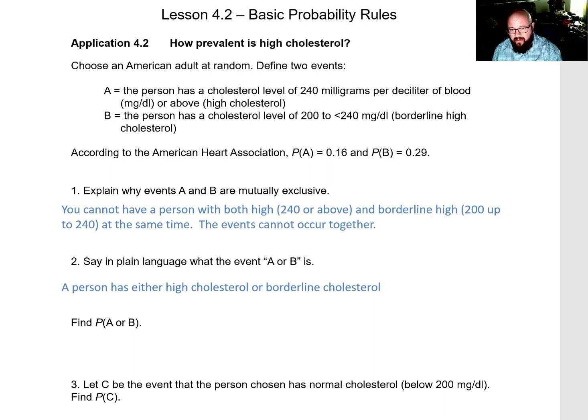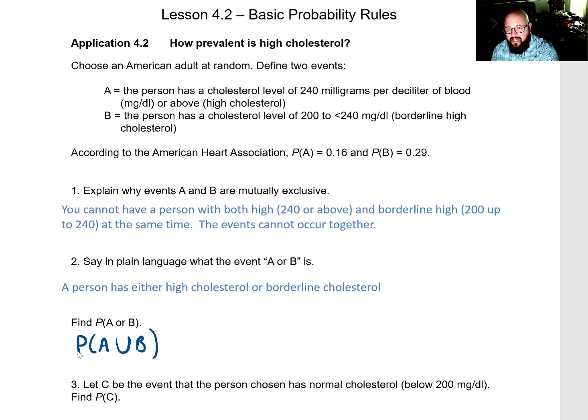So to find the probability of A or B, this can also be written, and you will see this, as the probability of A or B, okay?